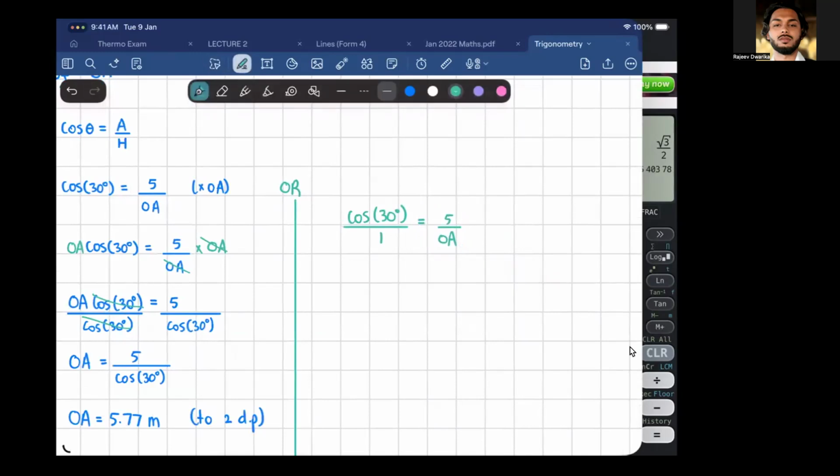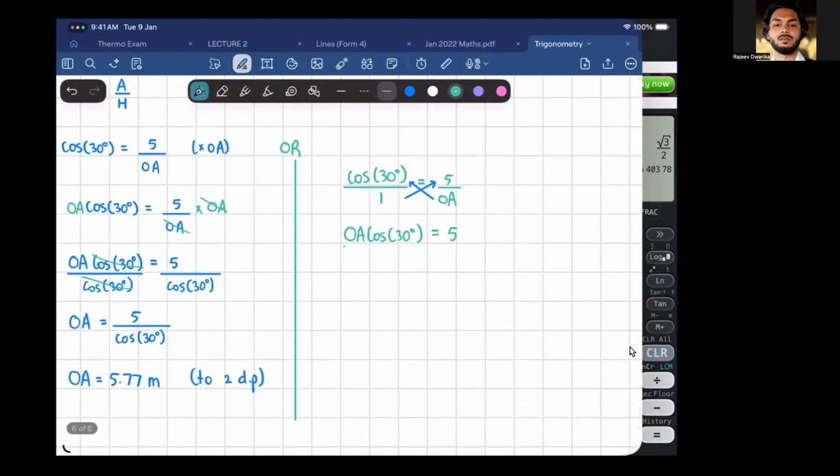Next thing we're going to do is cross multiply. So you're going to get OA cos 30 degrees. Then you're going to get 1 times 5, which is 5.